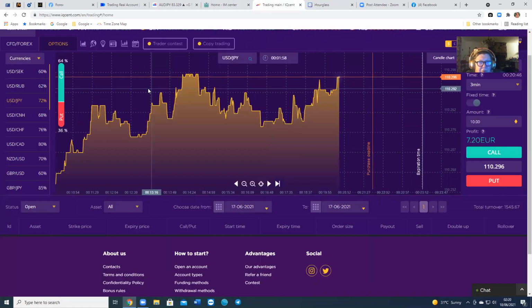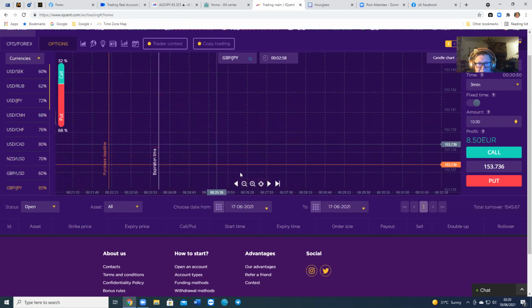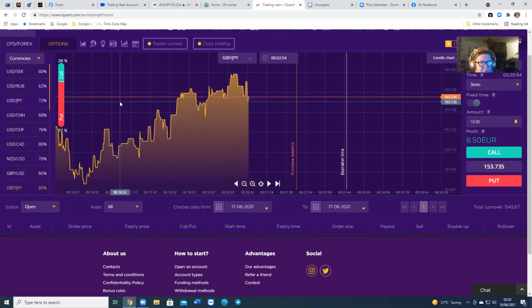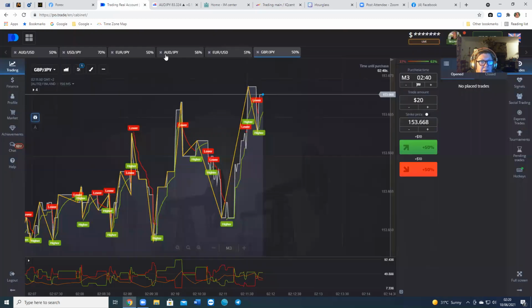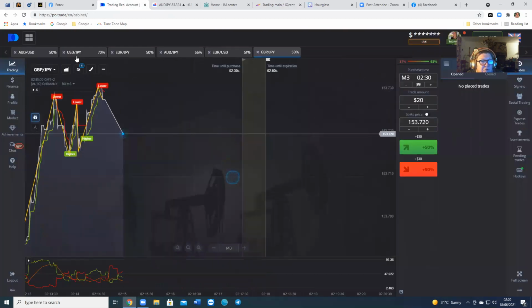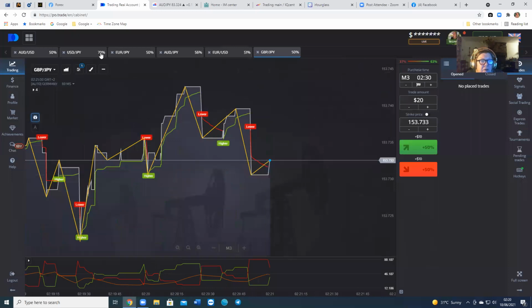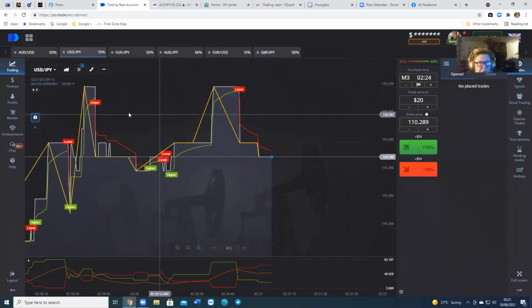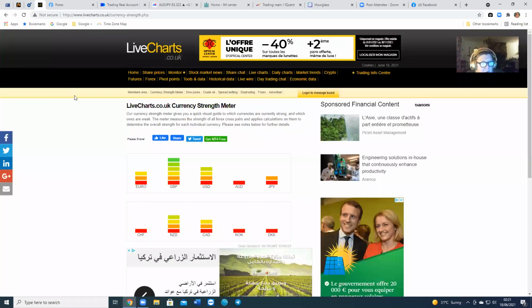So let's take a look at the payouts. 85% on our trading view, and on pocket option only 50%. So the only one we would want to take on here at the moment is USD JPY 289.